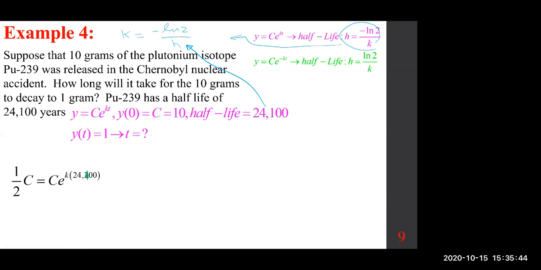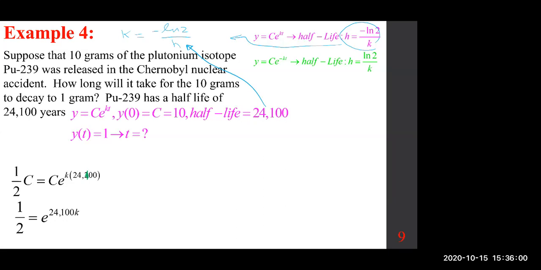That's a typo. I want to make sure it's clear that this was a typo. Get rid of the constant. And notice, we have it right here, 24,100. So somehow it was wrong.